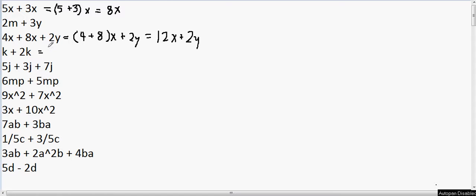So we can actually rewrite this as 1 multiplied by k plus 2k. Now we can go ahead and factor out the numerical part from both terms. We get (1 plus 2) multiplied by the common variable k, and we get 3k.